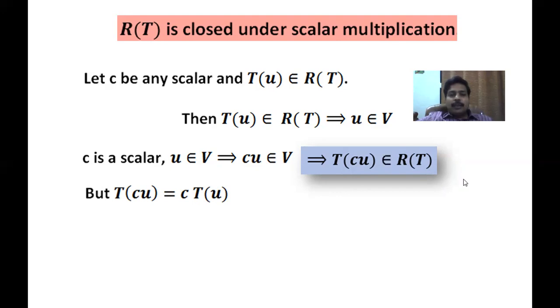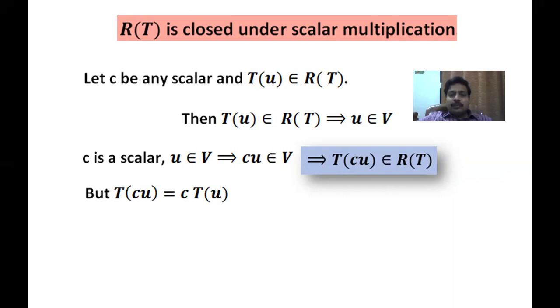But from the definition of a linear transformation, by the second property, T of cu is equal to c times T of u. This is the second property of the definition of linear transformation.